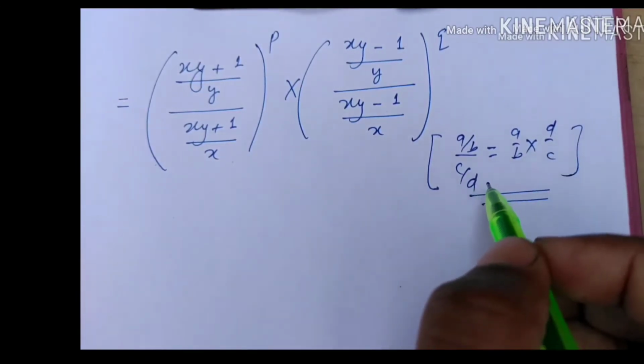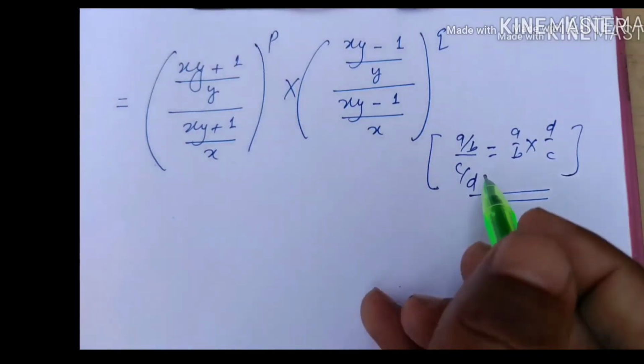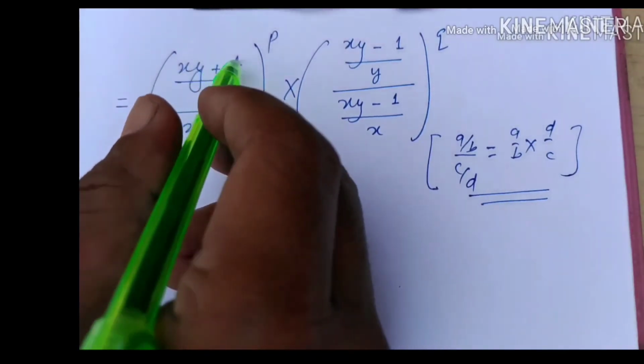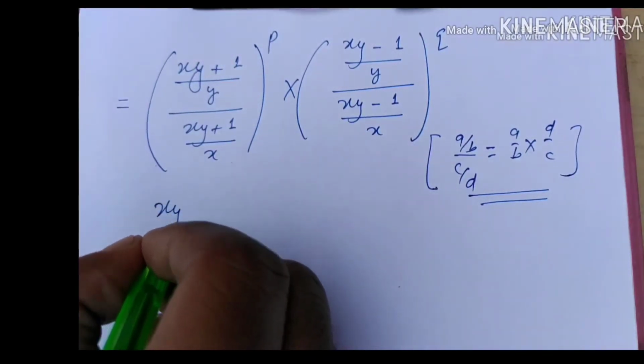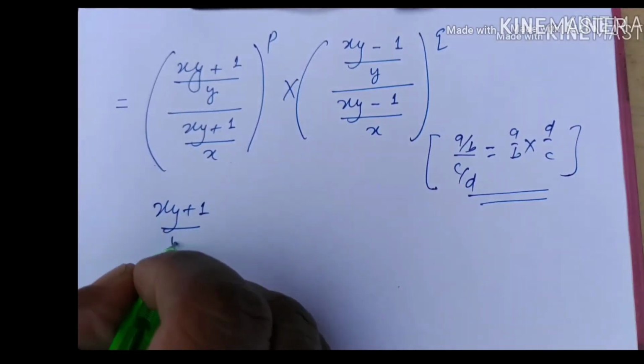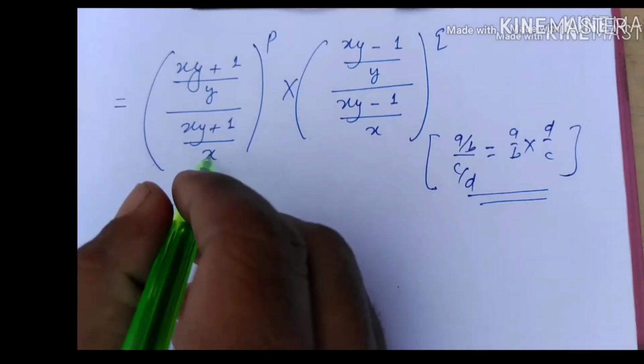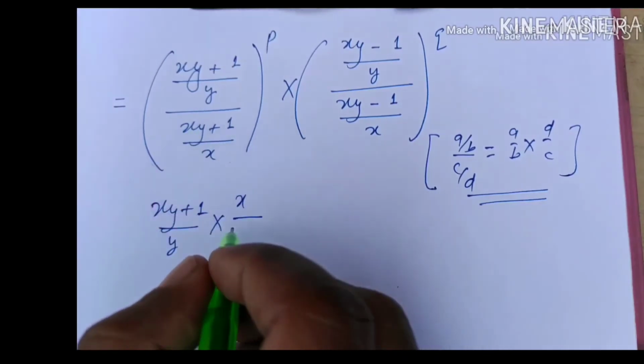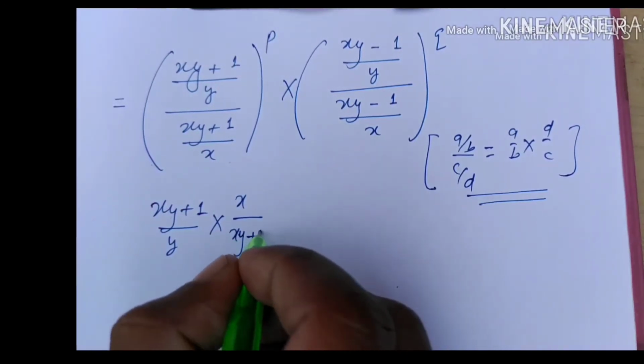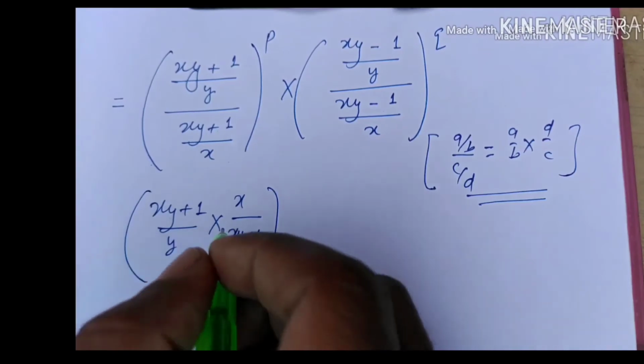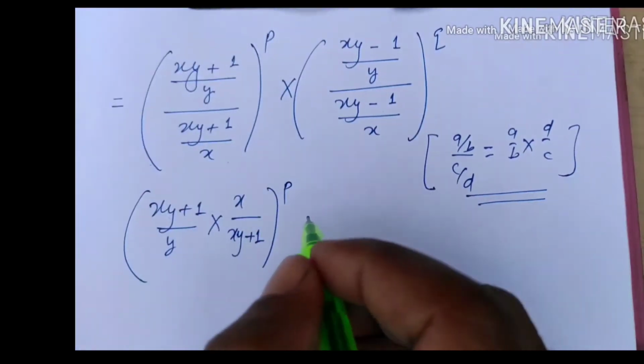So we should use this rule here. According to that rule, we can write this term x plus 1 over y times x will go upside, and this term xy plus 1 will come downside, and power p is as it is.